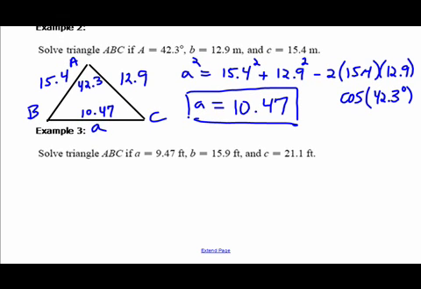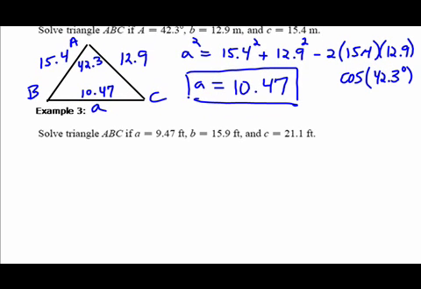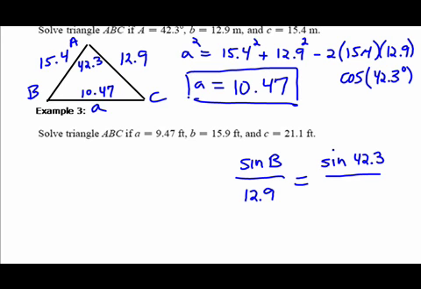Using the law of sines, I'm going to use the space I have down here at the bottom. We want to look for B, right? So the sine of B over side B, which is 12.9, equals the sine of A, which is 42.3, over the side we just found, 10.47.